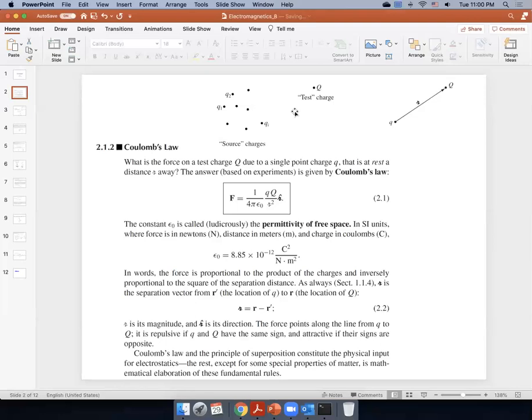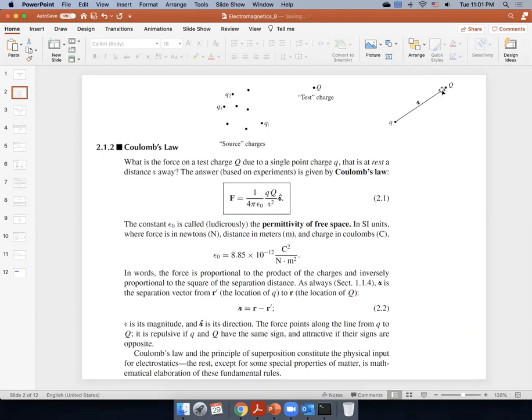It describes the force between two charges. Let's say you have a charge Q here, and another test charge capital Q here, which has a distance of R between Q and Q. These two charges are point charges, which means they don't have volume, but they have charge.